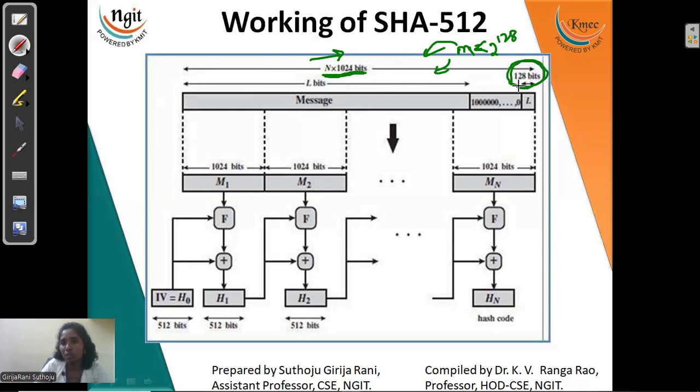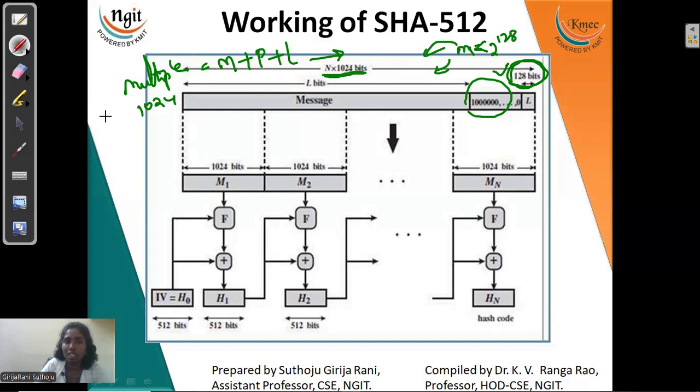So after adding your message, some extra padding bits, and the 128-bit length, it must be a multiple of 1024.